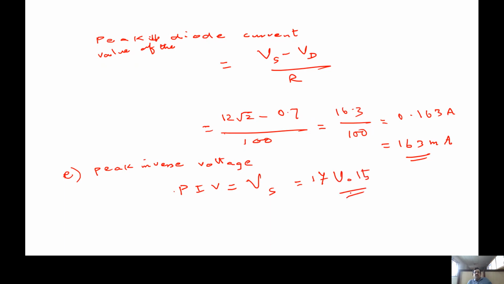So we have understood here. Look at the value of peak inverse voltage, that's quite a significant number, 17 volt. So think about that.